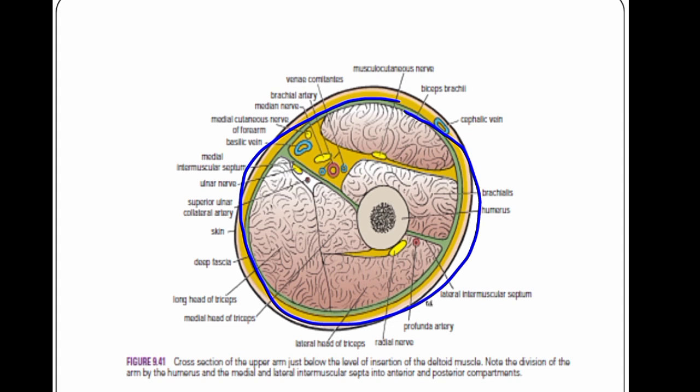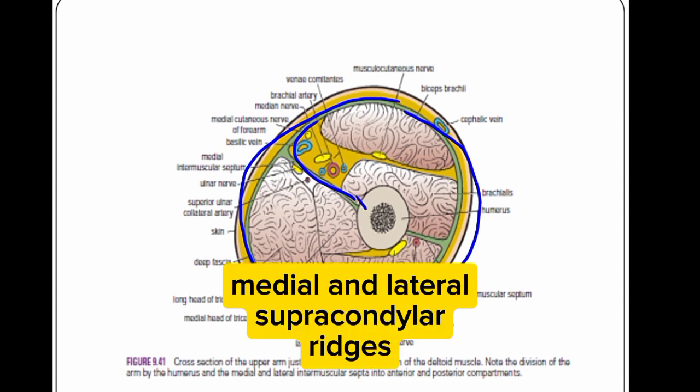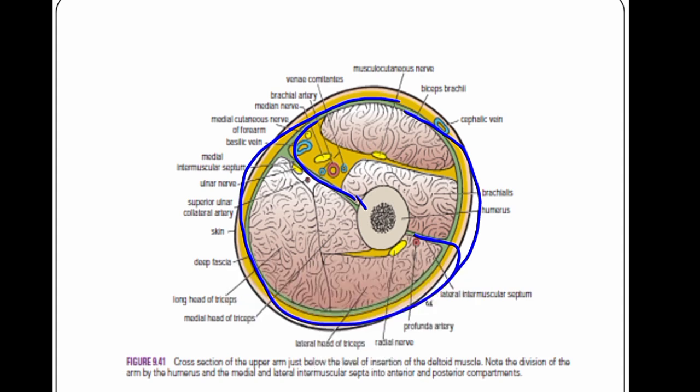while this sheath is folded inward and attached to the medial and lateral supracondylar ridges. As I have already mentioned, there are ridges present in the lower extremity of the humerus bone. Those ridges are called the medial and lateral supracondylar ridges.